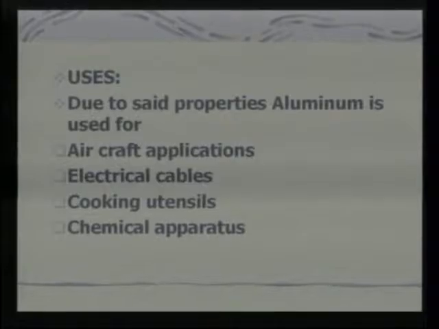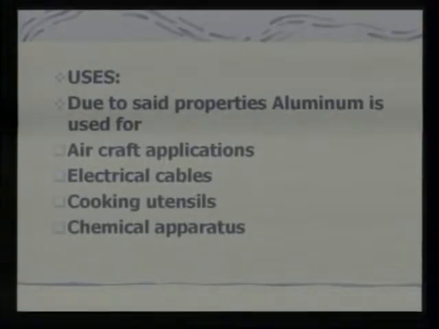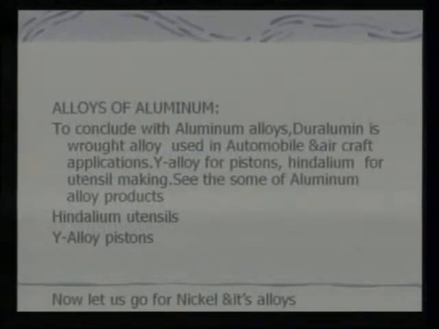Due to said properties, aluminium is used for aircraft applications, that is aircraft wings and other components. Electrical cables, cooking utensils, chemical apparatus, due to good corrosion resistance. Next, coming to the aluminium alloys.